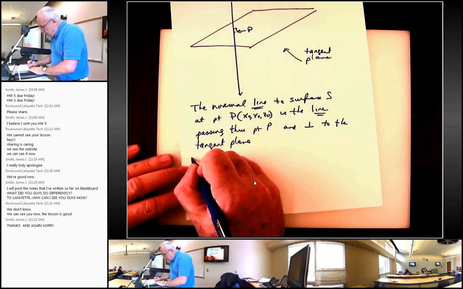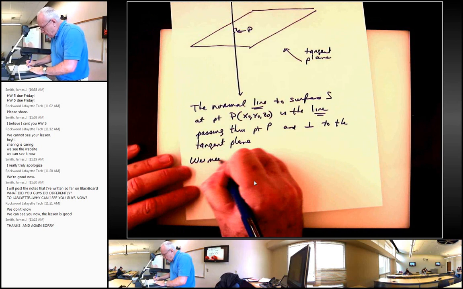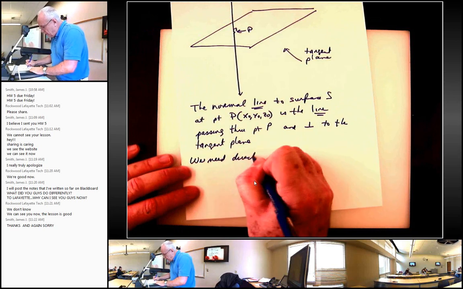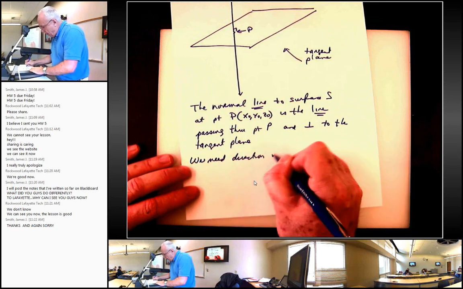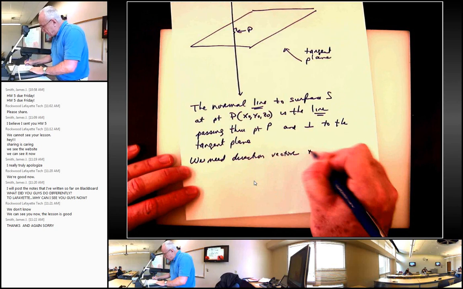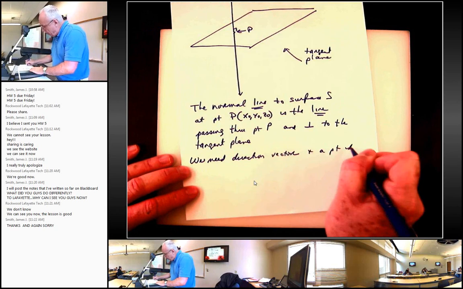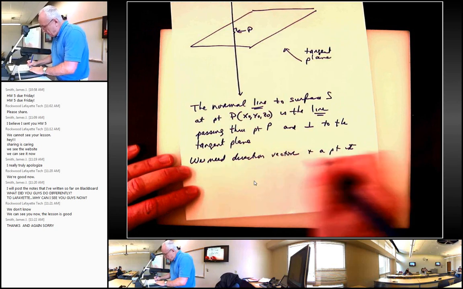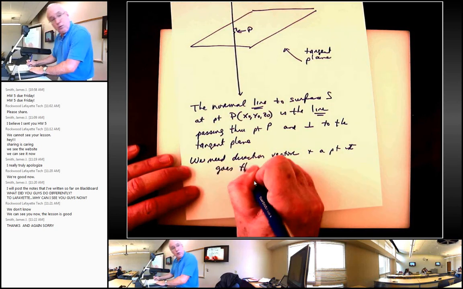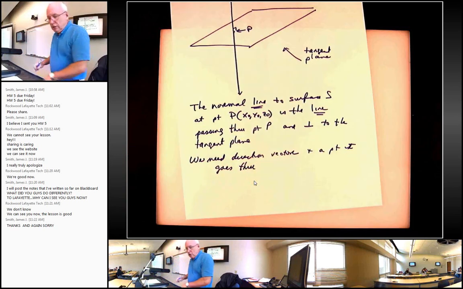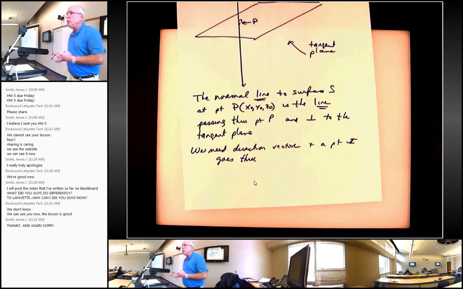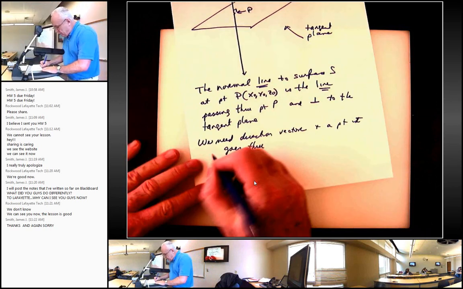So we need a direction vector and a point it goes through. So in this case, we know what the direction vector is. The direction vector is the gradient vector.